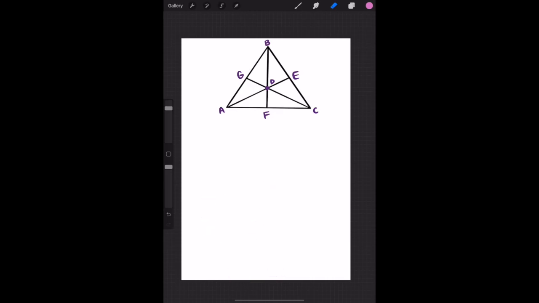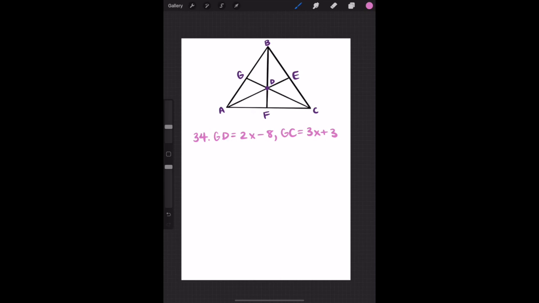All right, switching gears. For number 34. This time I know GD is 2x minus 8, and GC, the whole median, is 3x plus 3.